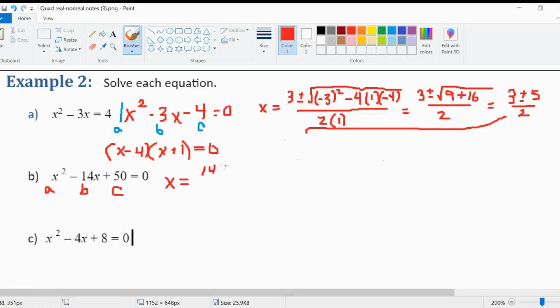So we're going to have opposite of b, so 14 plus or minus the square root of b squared, which is negative 14 squared, minus 4 times 1 times 50, all over 2 times 1.